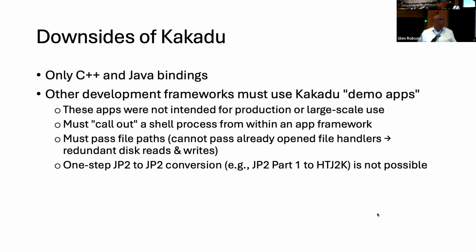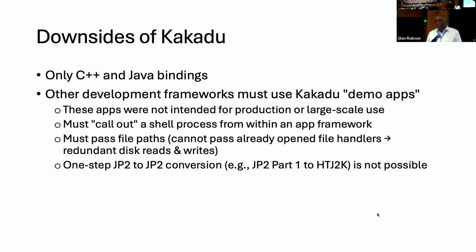But there is a problem. As I work with Kakadu, unfortunately, Kakadu is basically the gold standard, or really the only game in town for high performance delivery of JP2s in our space. And so it's a little bit inflexible. You can only write C++ and Java bindings. So anything like Python or Ruby is kind of locked out.